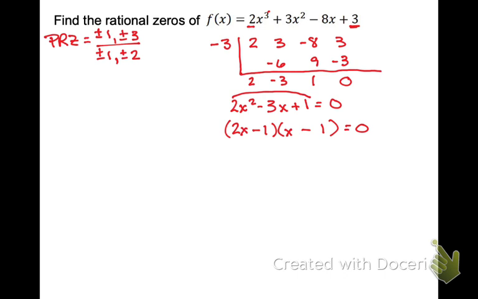So all my zeros are x equals what? 1/2, 1. Oh, I put my -3 behind. Okay. So what are all my rational zeros? The same.